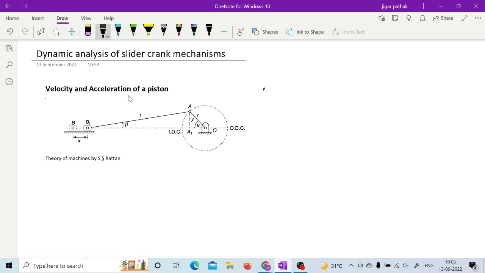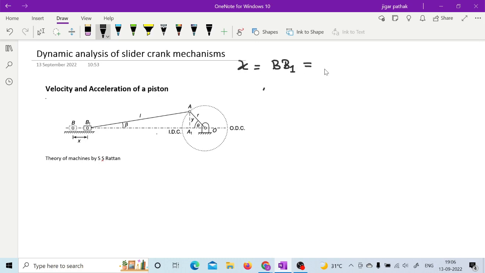Right, so if you see in this figure here, the piston has moved from position B to B1, right? So when the piston moves from position B to B1, the distance traveled by the piston is given by BB1, or you can say B1B.